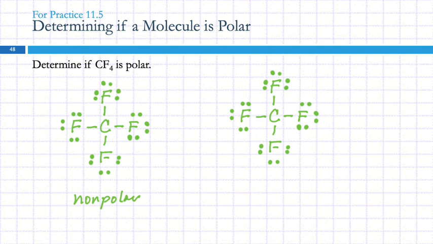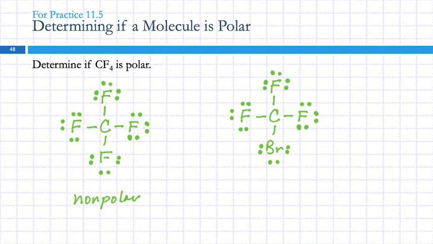Okay. So let's look at another example. Here, instead of fluorine, let's say we have something else. Maybe bromine in there instead. And we want to identify, is this polar? Well, are there any lone pairs on the central atom? No. Are all of these atoms bonded to it the same?